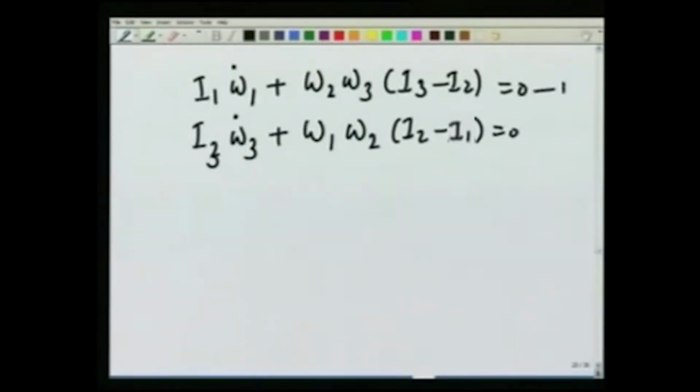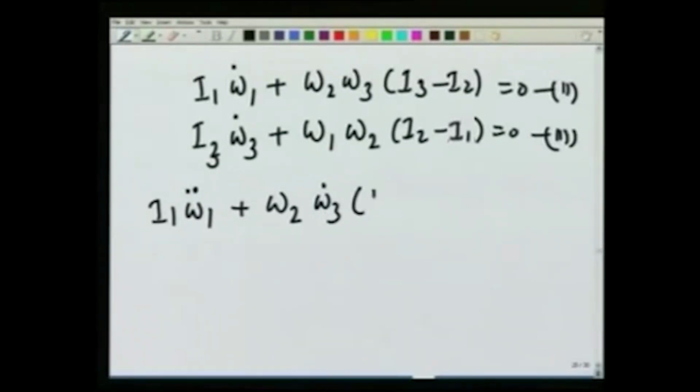Again differentiating this equation once more and substituting for omega 3 from here, we get I1 omega 1 double dot plus omega 2, which we have already shown is a constant, omega 2 omega 3 dot (I3 minus I2) is equal to 0.